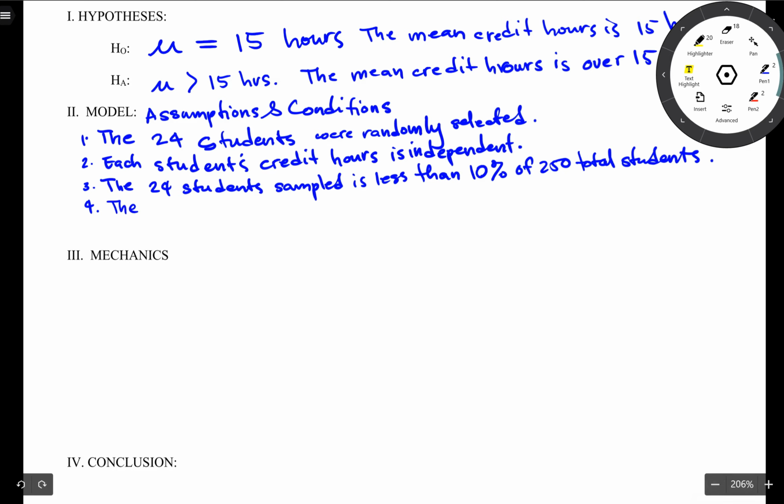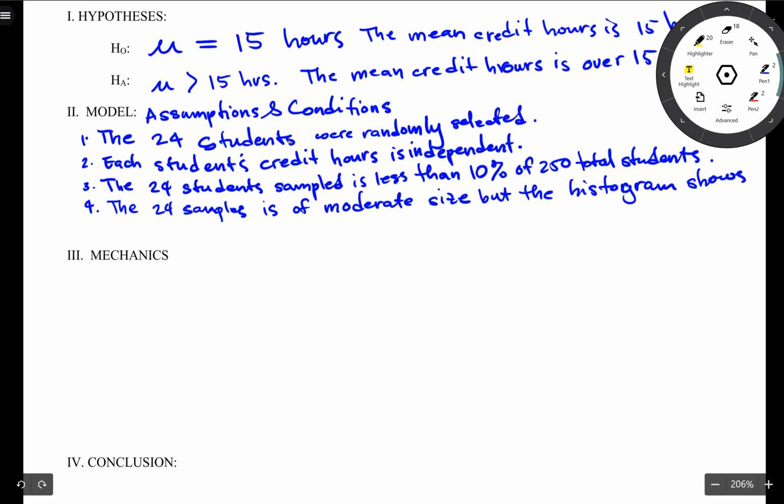The 24 is a moderate size, but the histogram shows unimodal and symmetric. So I can proceed with using the approximately normal model.